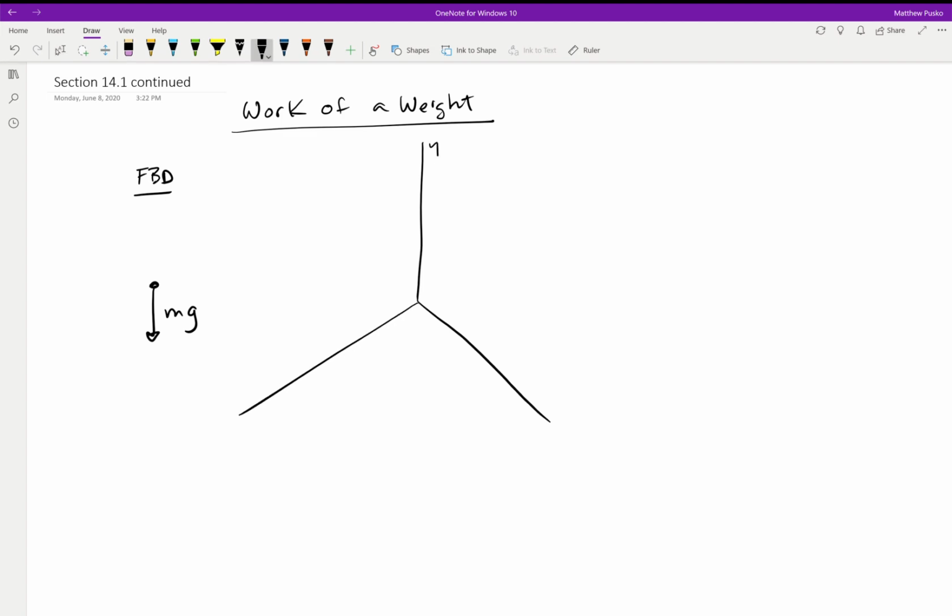So here's y, x, and z, and let's give us a path. Let's say we took this from somewhere on the ground, maybe up through space, and this is some mass.